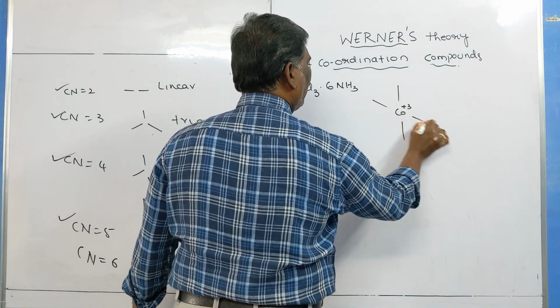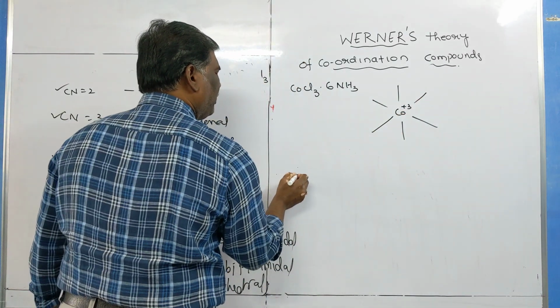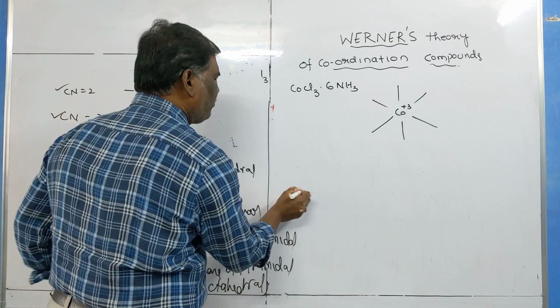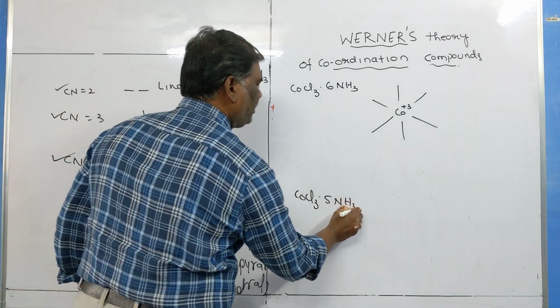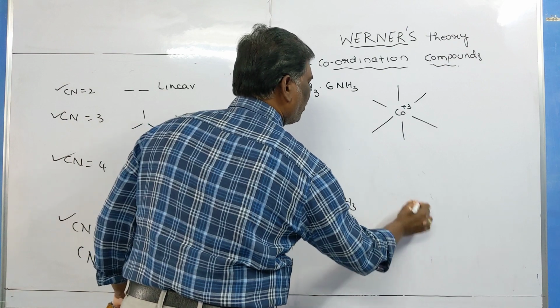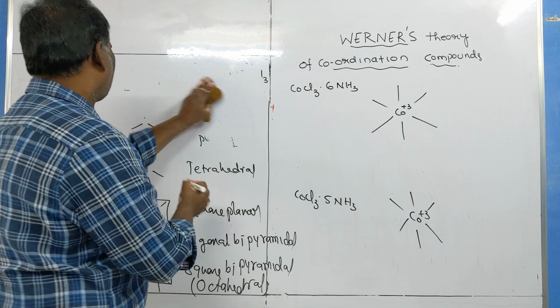It is surrounded by 6 ammonia. Now I take CoCl3·5NH3. In this case also cobalt is surrounded by 5 ammonia, but one is chloride.